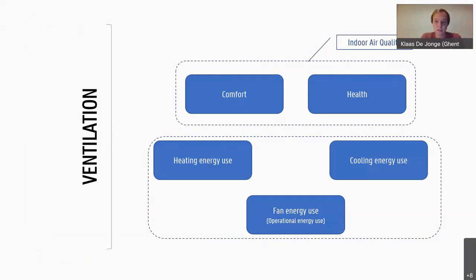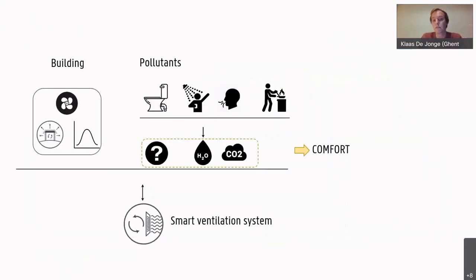If you look into the Belgium context today and look at performance assessment of systems or smart ventilation systems, it looks kind of like this. So our current framework includes a simulation setup where we have a building or a set of buildings. Actually, we have pollutants, we have people that live in that building.